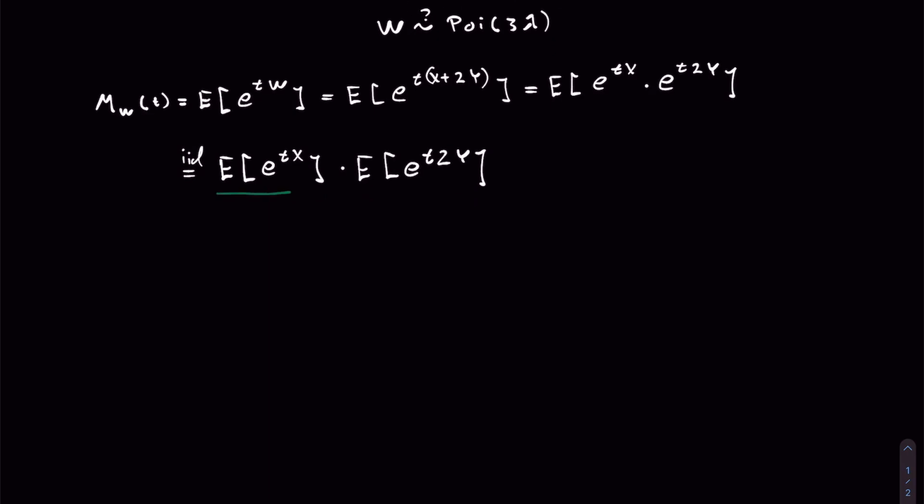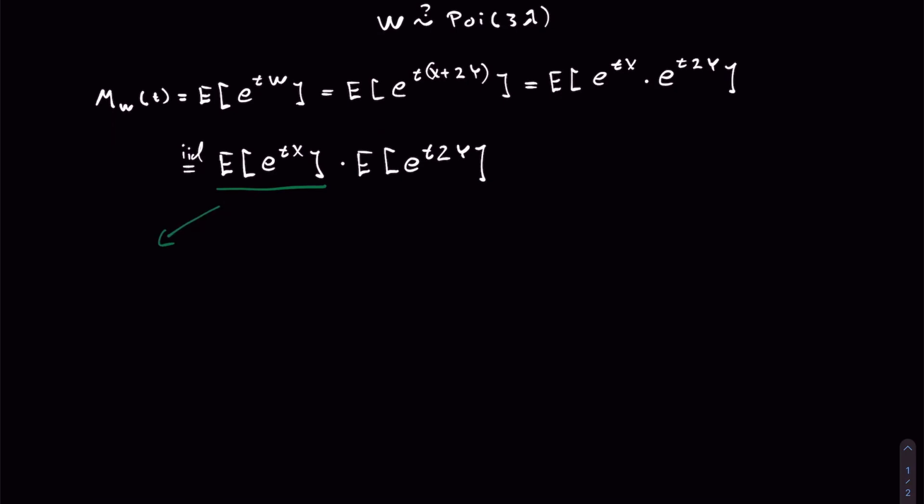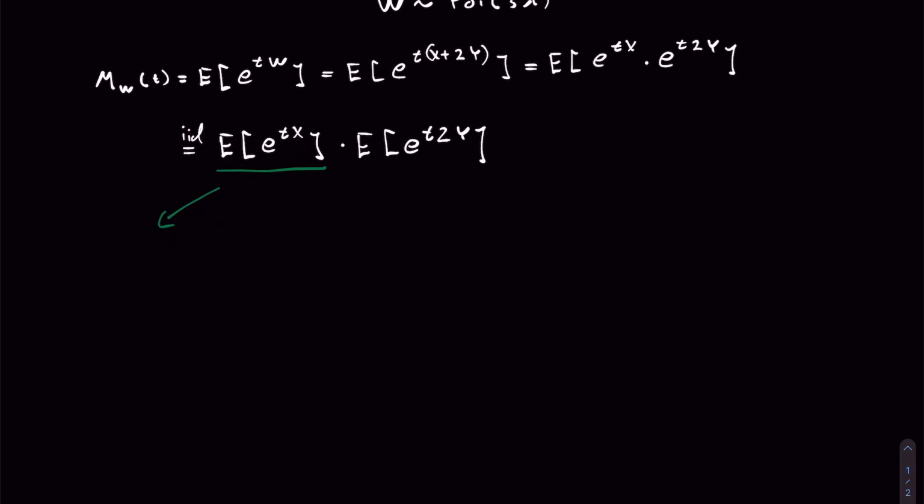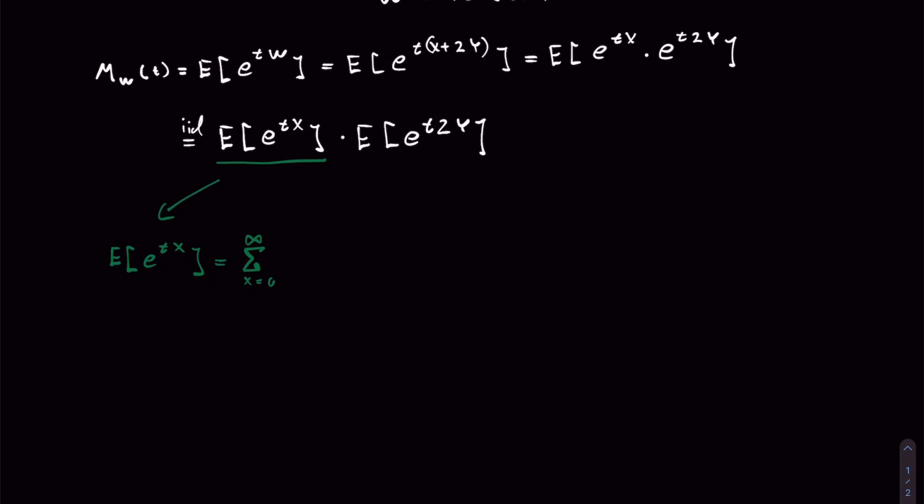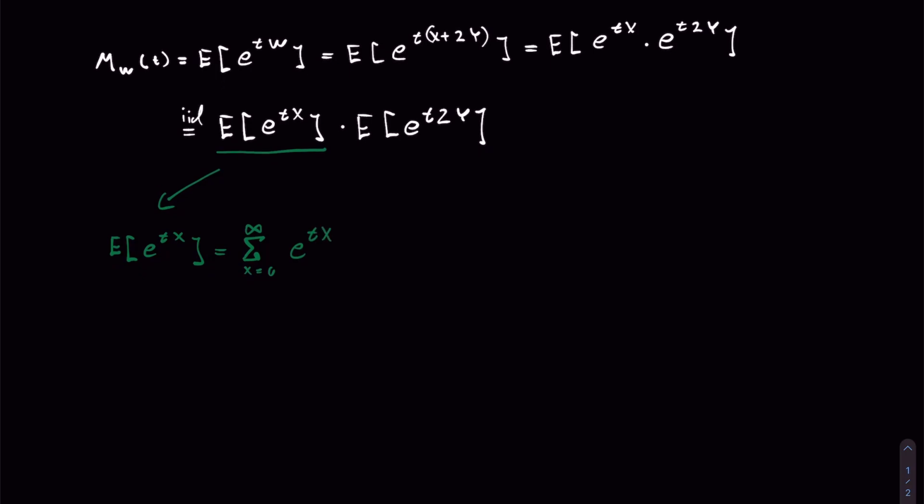All right, so let's start with this one here. The expected value, and now we're going to use the definition of the Poisson expectation. So we sum from little x, it should be starting from 0, over its support. Now we also use LOTUS, like so. This should be a little x here.